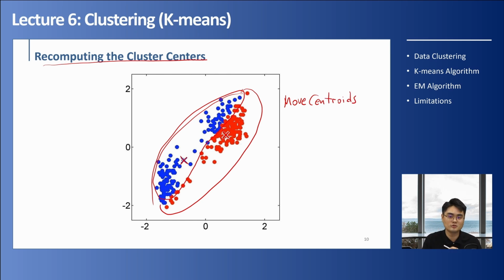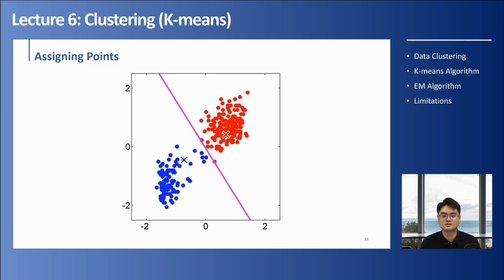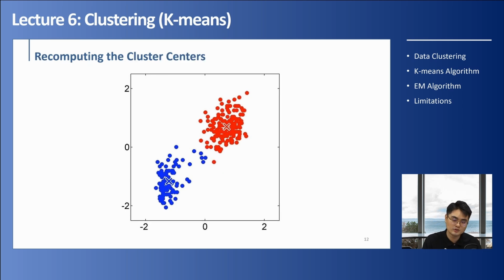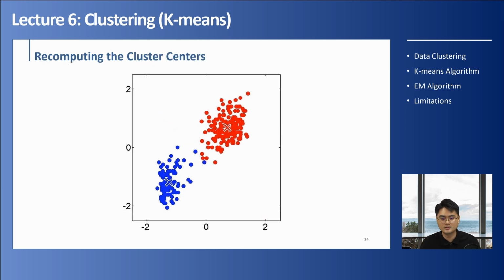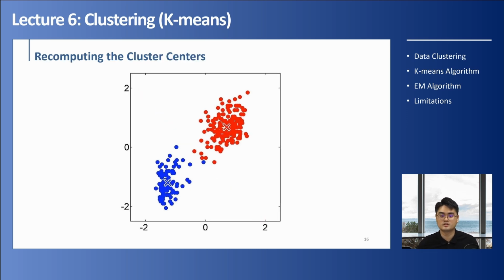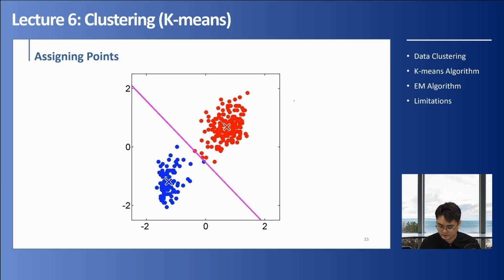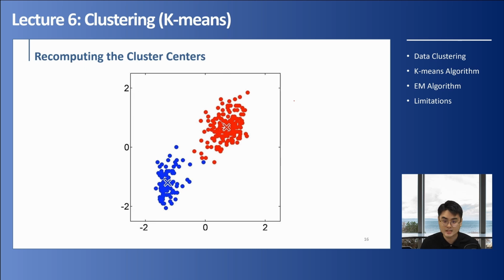And what we need to do now is simply repeat this, assigning the points, which is assigning clusters, and moving the clusters by recalculating the centroids until this reaches some convergence. We can see that here, the center of the centroid is not changing a lot.